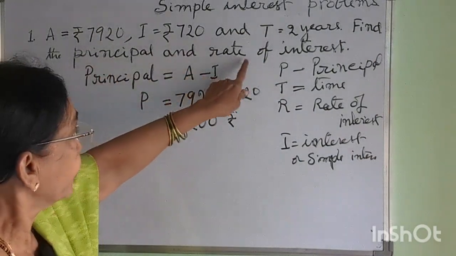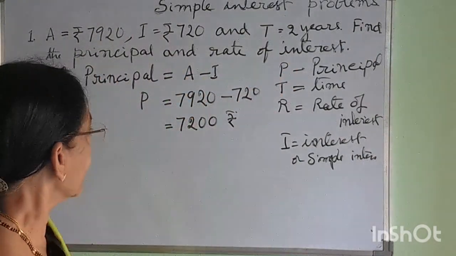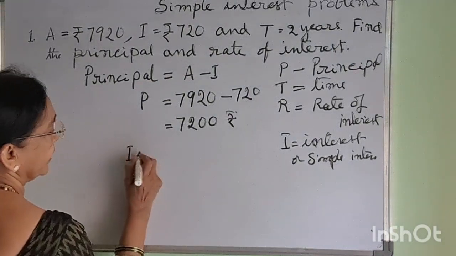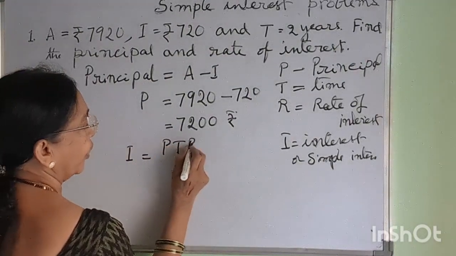Then find the rate of interest also. The formula for interest is I is equal to PTR by 100.